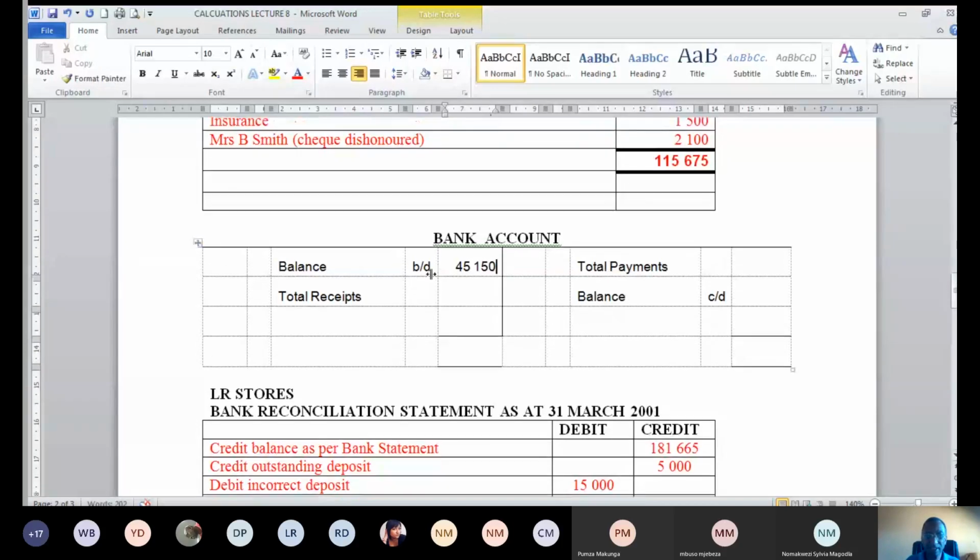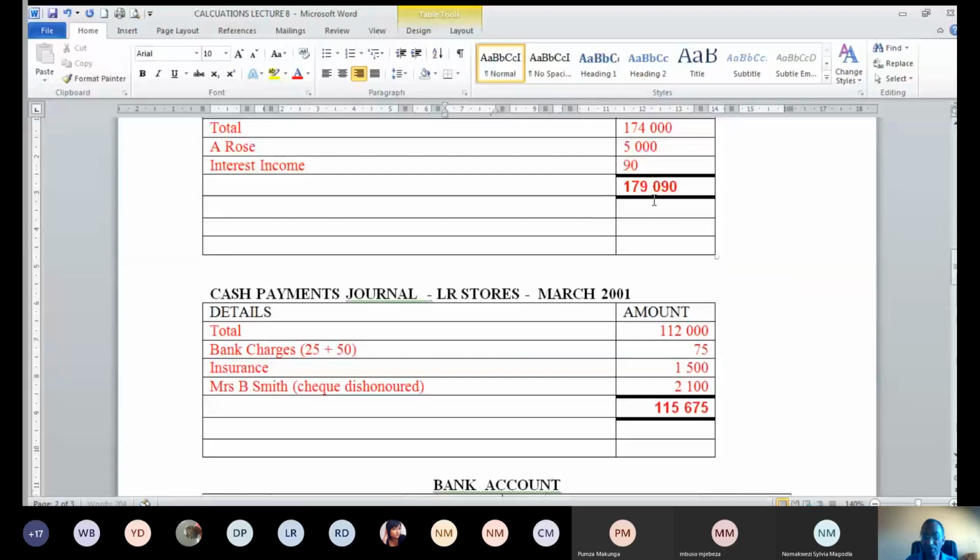The total receipts from my cash receipts journal, my total receipts, is 179,090. Remember, that was the amount when we added up our cash receipts journal.